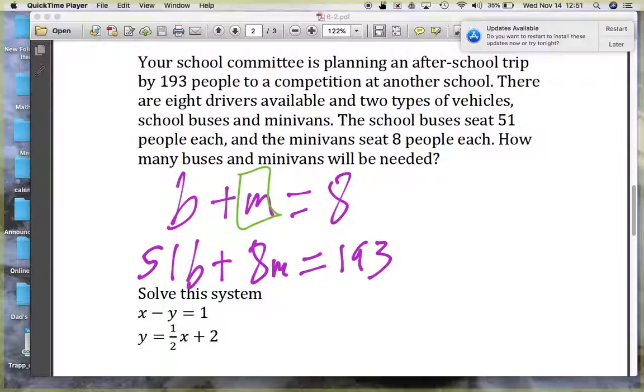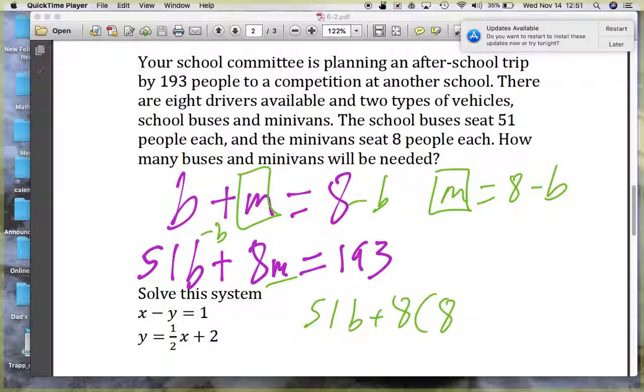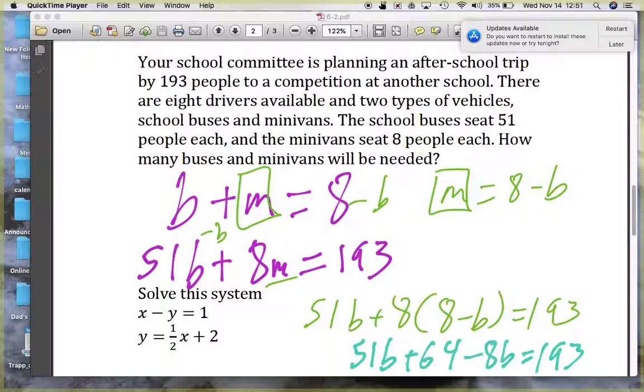So we can see that that variable is almost alone. So if I subtract the b, I get m equals 8 minus b. Plug it in. Minus the 64.